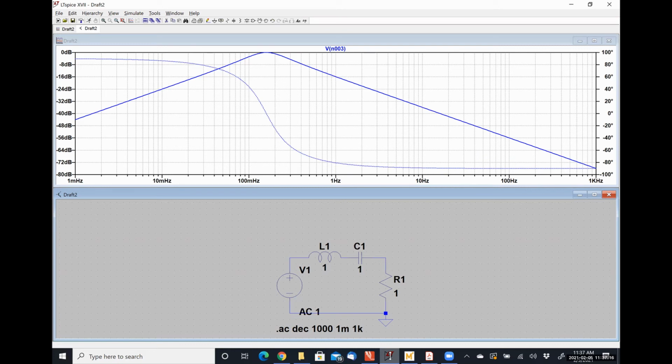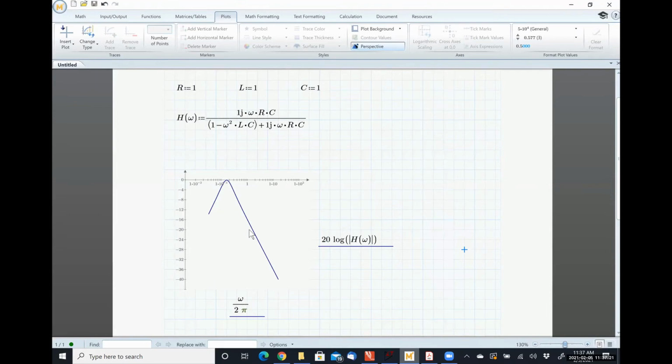For our phase response, if we wanted to plot that in Mathcad, the ARG function takes the argument of a complex number, and the argument of a complex number is simply its polar angle. So the argument of H of omega is going to give me this, where my left-hand axis is expressed in radians.